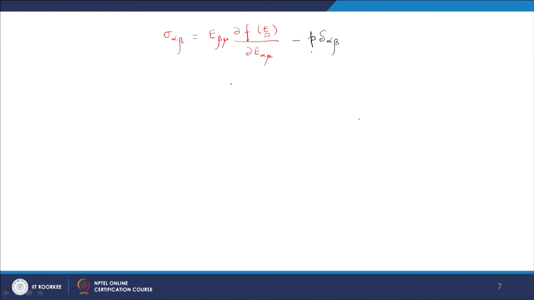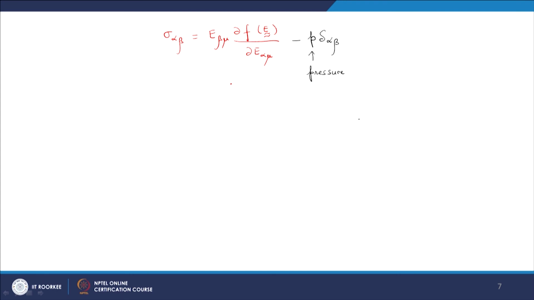So, if I apply an external force on rubber, it will deform, and that deformation is not being captured by the change in the free energy.